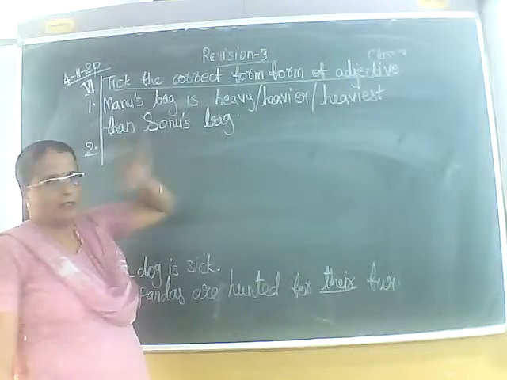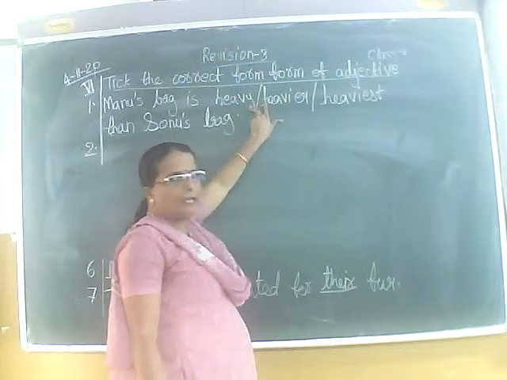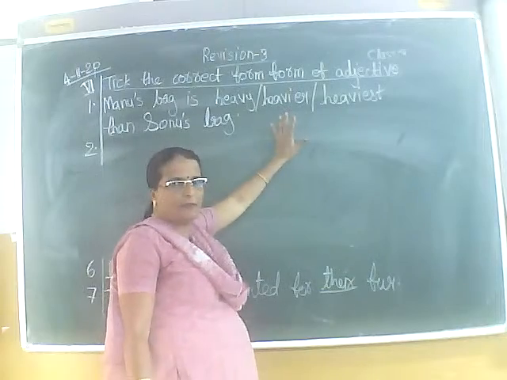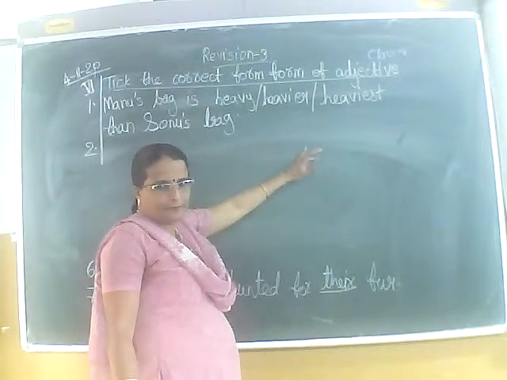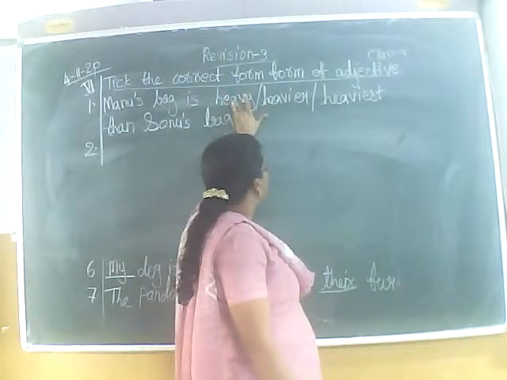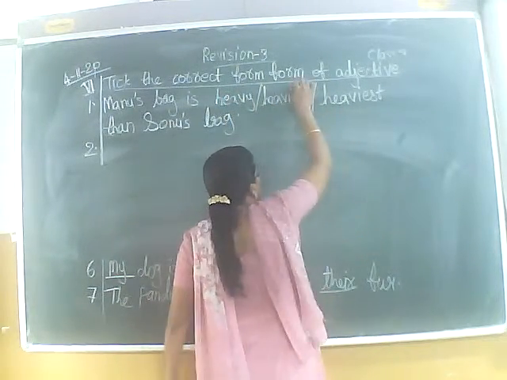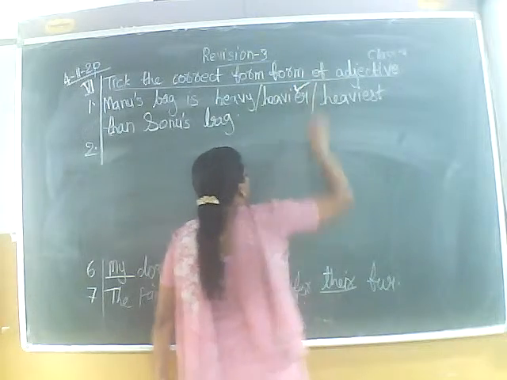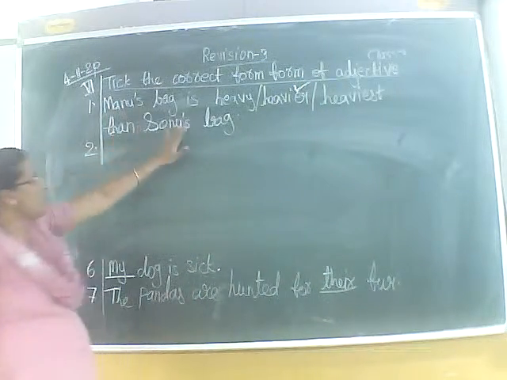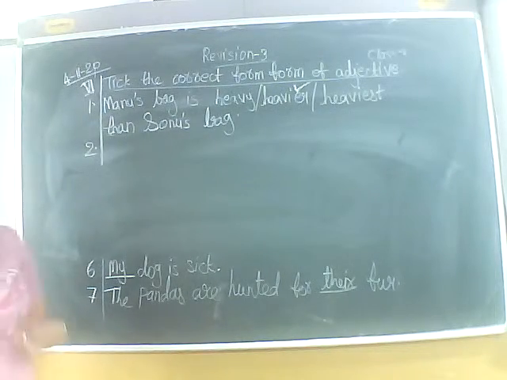If the adjective is ending with y, we add IER to form the comparative degree. Many of you have started writing the answer. So heavy, heavier, heaviest. Out of this, heavier is the correct one. So pick it. Manu's bag is heavier than Sonu's bag.